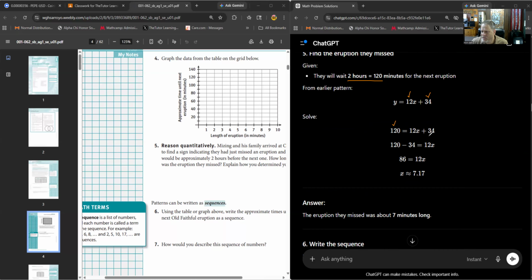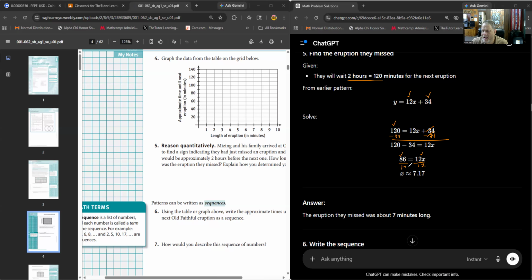And so now we just take and minus 34, minus 34. We're working to get x by itself. Okay. And so here we are with 12x and 86 equals 86. And divide by 12.